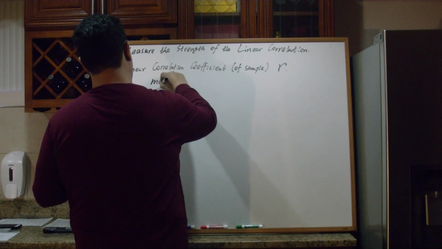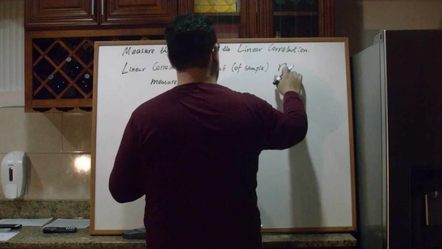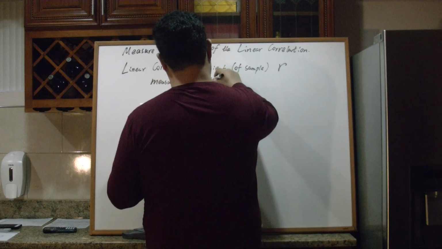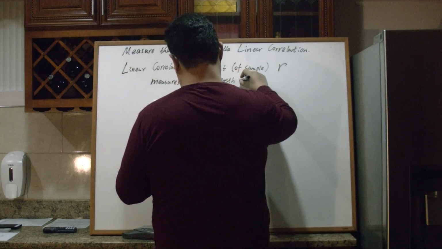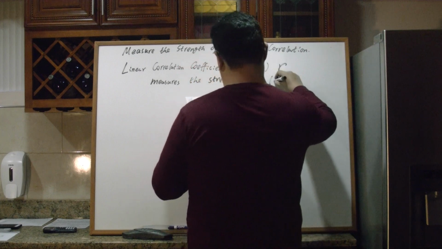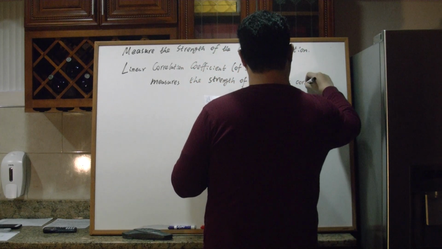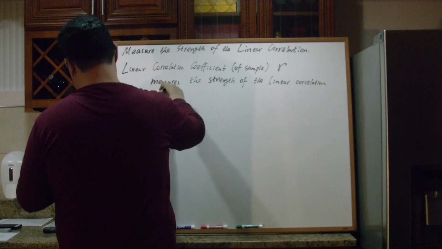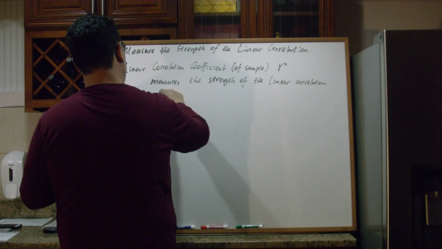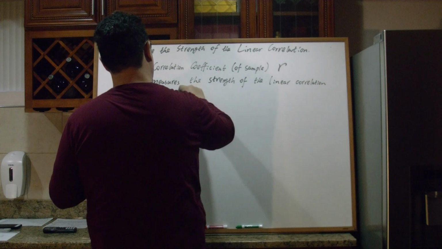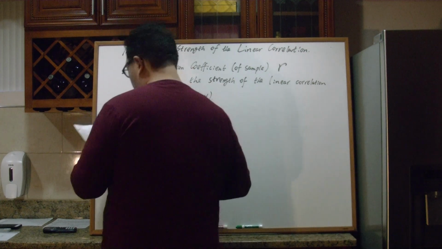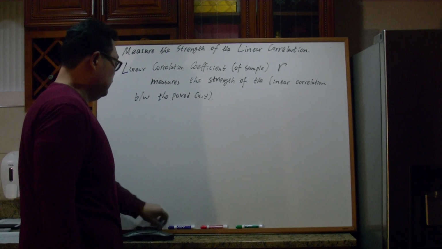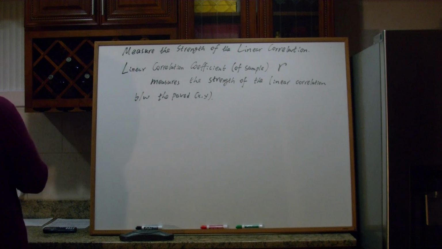It measures the strength of the linear correlation between paired values x and y. Right, it measures how strong it could be.